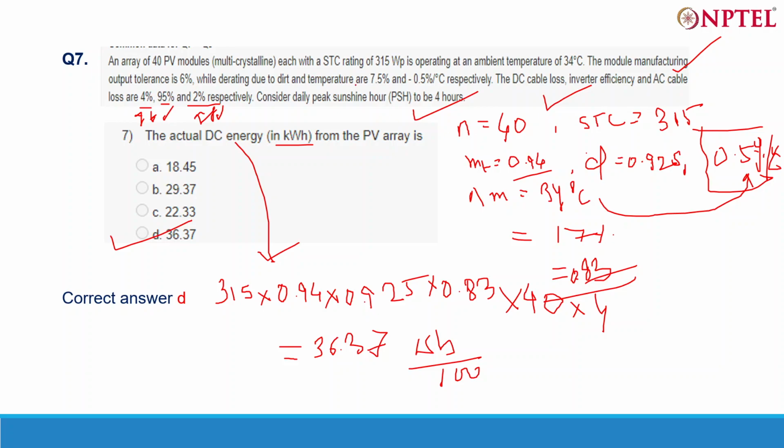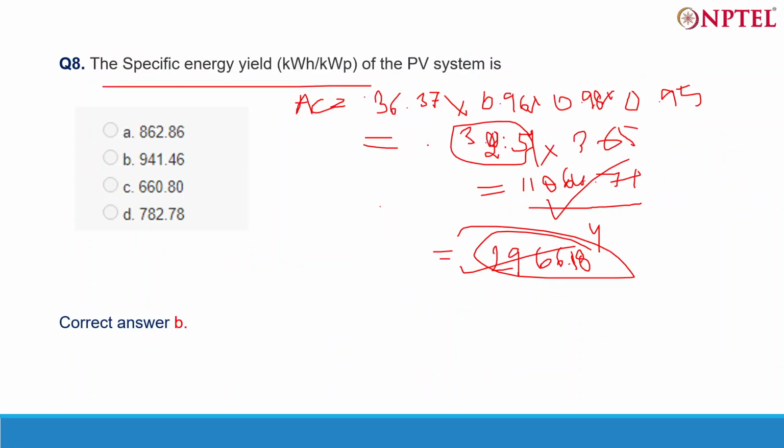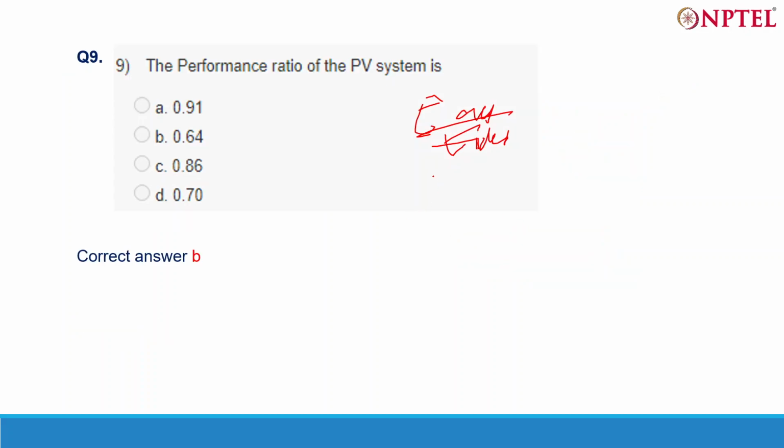So I think this has to be, wait a minute. 11864 and it's 13 or something. Okay, so I'm not getting it exactly here.